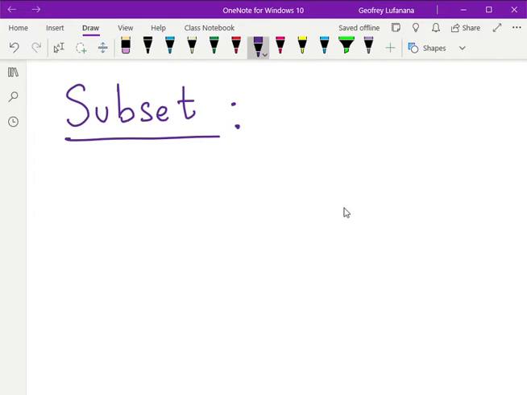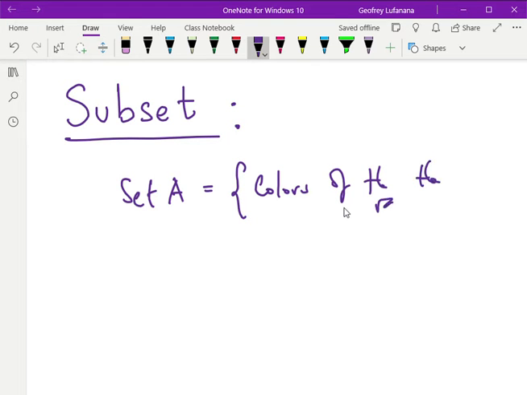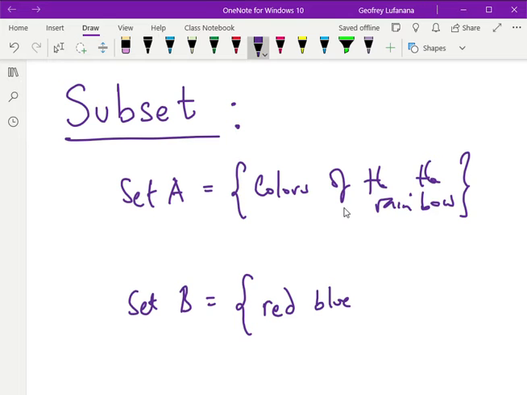So if I have two sets, let's say set A, which is colors of the rainbow, and set B, which is the colors red, blue, and green.